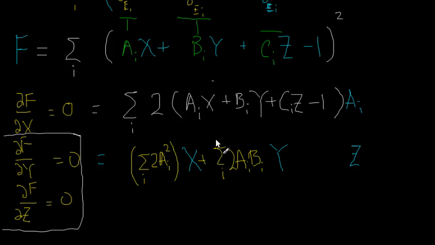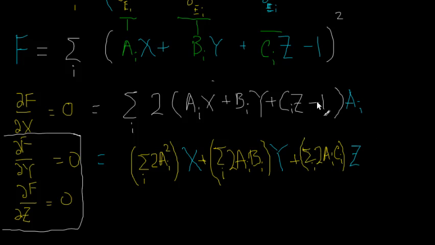So that gives me this term, and then after that, for z would be 2 c_i a_i, so 2 a_i c_i, summed again over i.